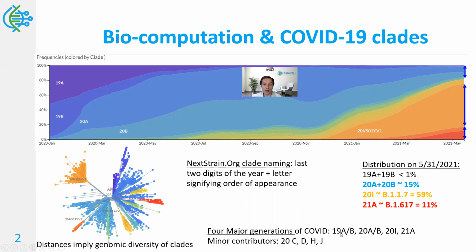What's notable is that there are several major waves, such as 19AB, 20AB, 20I is a global hit, so to speak, and 21A is very infectious and is rapidly progressing.